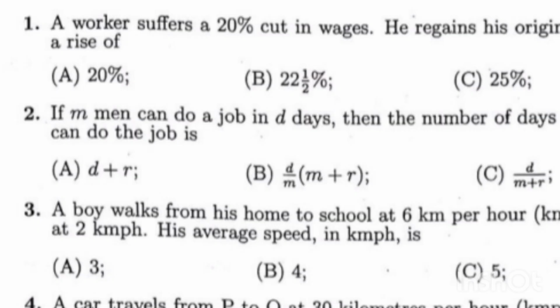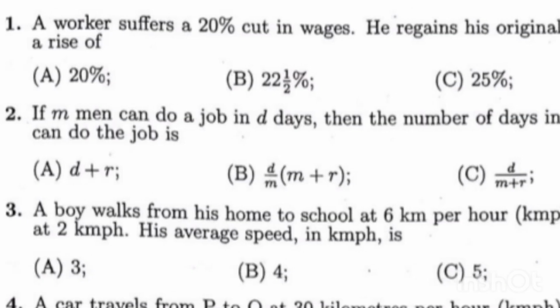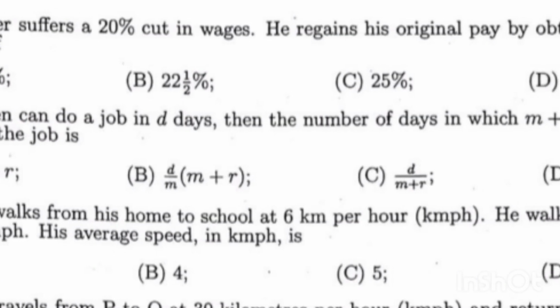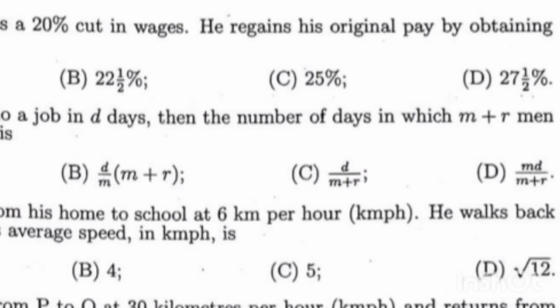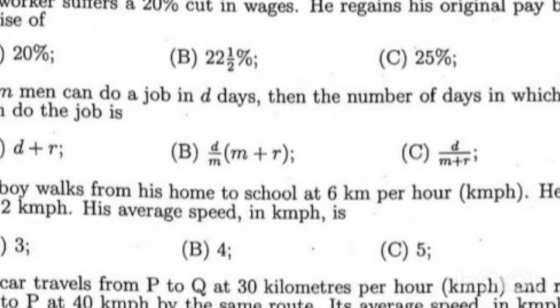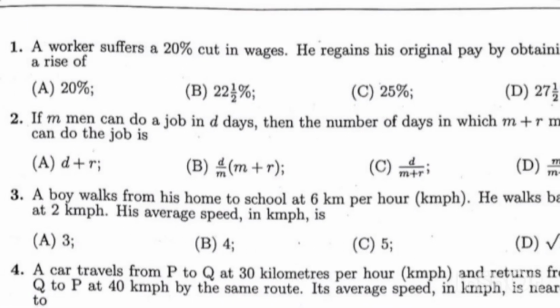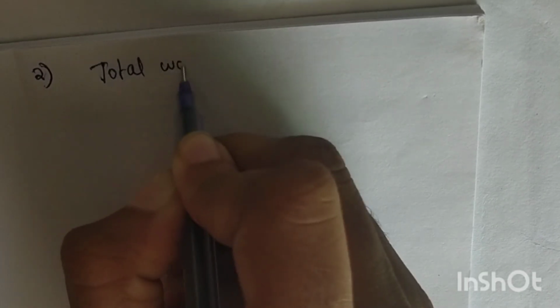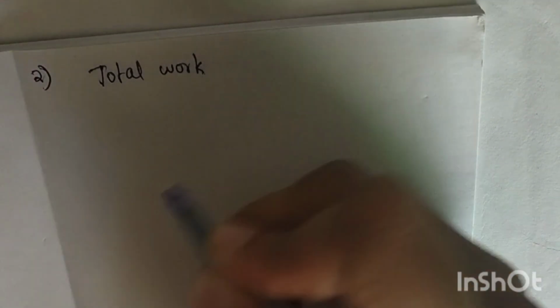If M men can do a job in D days, then the number of days in which M plus R men can do the job is? So we have a total work. Total work is always constant, no matter how many men and how many days it takes.